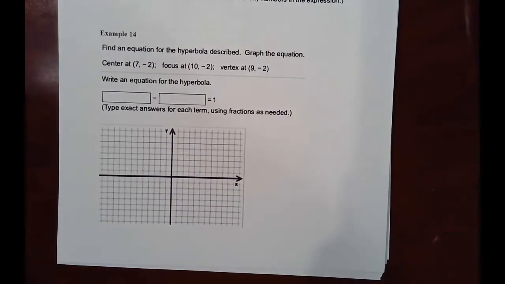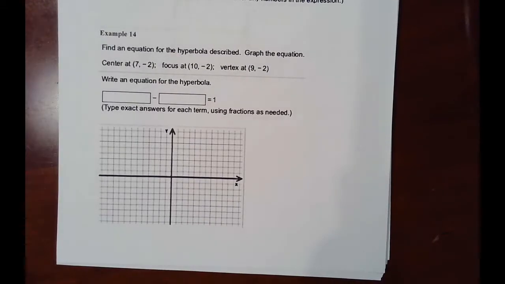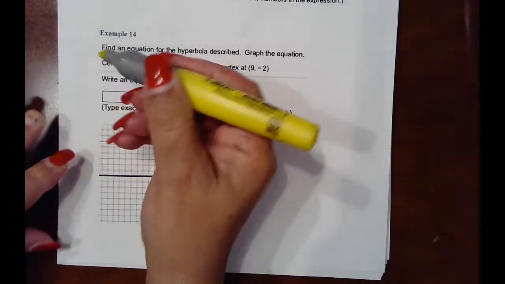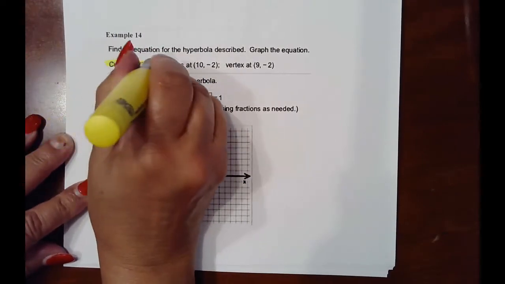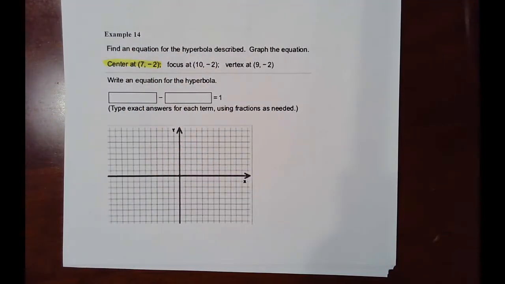Okay, finally in number 14, we start to move on to problems that have a shifted center. So instead of being at the origin, we're shifting away from the origin to whatever they give you for the center. Here you can see that they start you off with 7, -2.